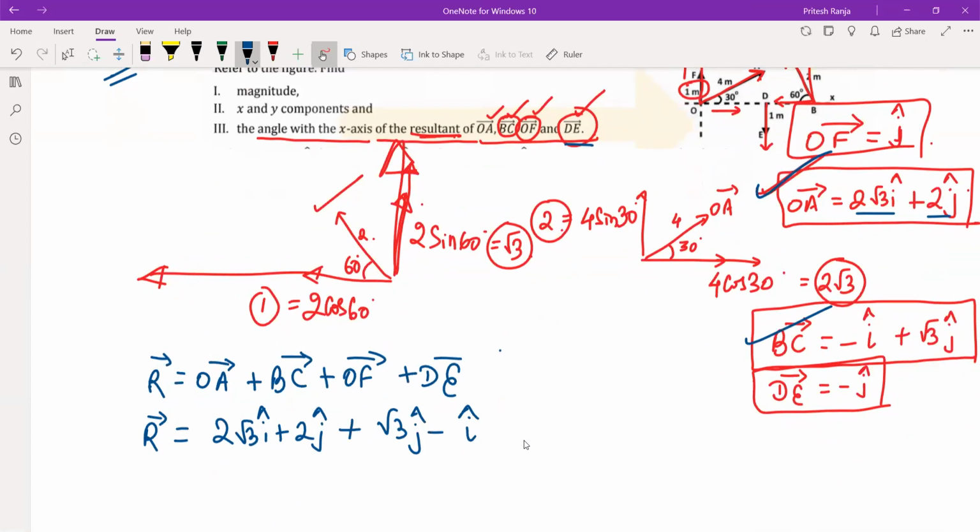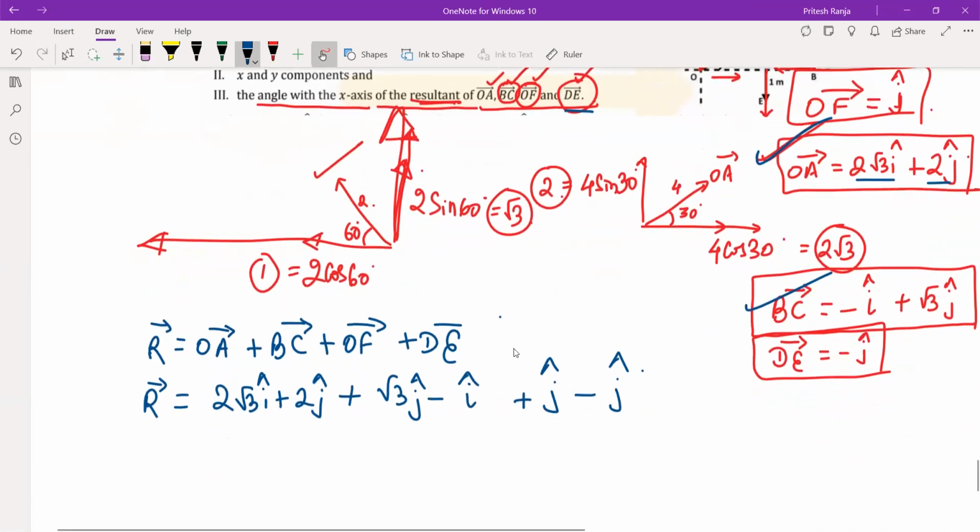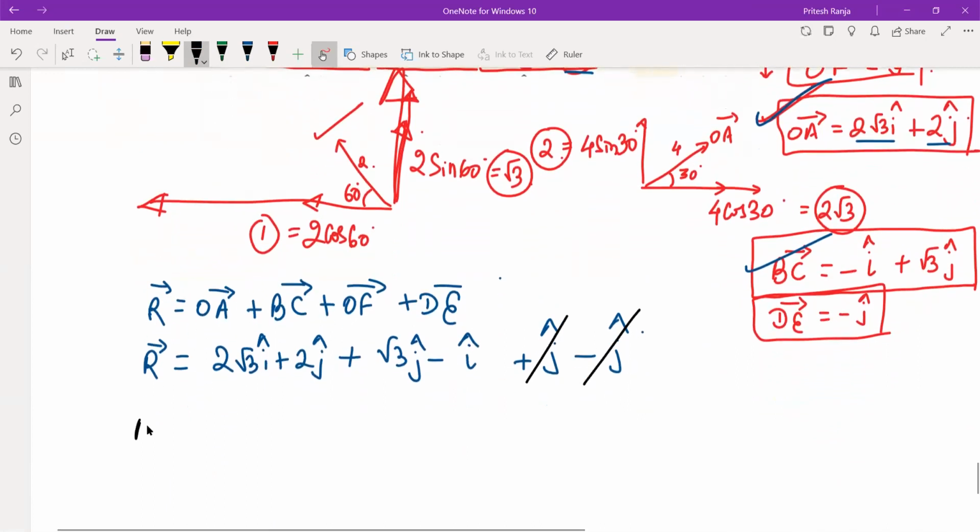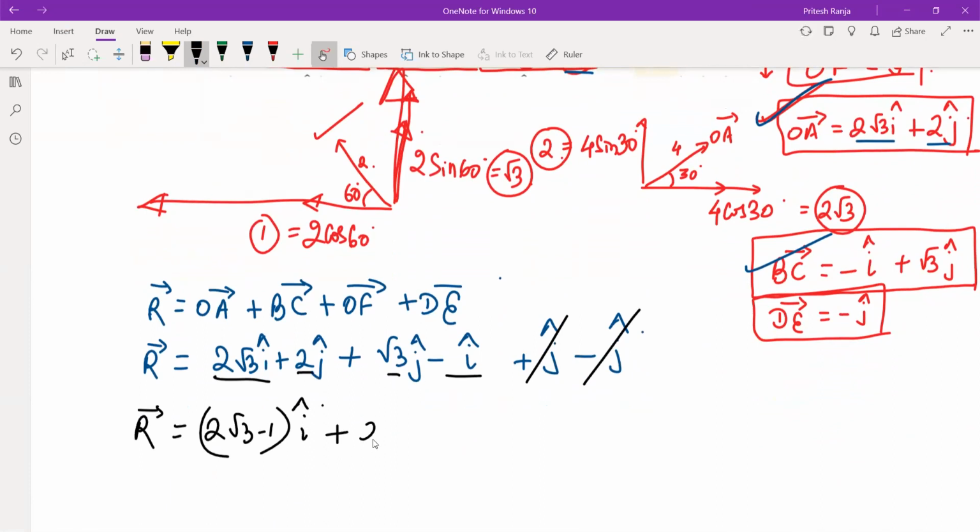OF vector is plus j cap. DE vector is minus j cap. So let us simplify this. So from here we get R vector as 2 root 3 minus 1, right? We take the common. And then 2 plus root 3 j cap.